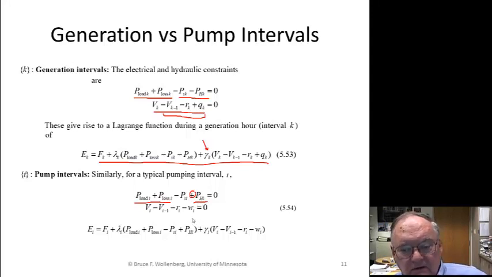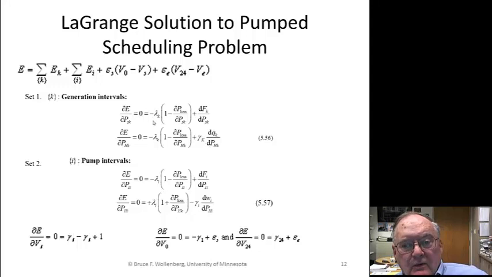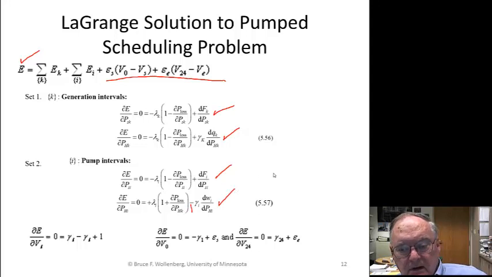In this case, the volume in the reservoir is going up, so this now has a minus sign, and I have a Lagrangian with lambdas and with gammas on the pumping intervals. We do the same thing that we've always done. We add them all up, and here we've got some Lagrange multipliers that talk about the initial and the final volumes. And here's our Lagrange function. Start taking derivatives. This is the common way that we take derivatives during the generate intervals and during the pump intervals, where we get a change in sign right here, and we set these various derivatives equal to 0.